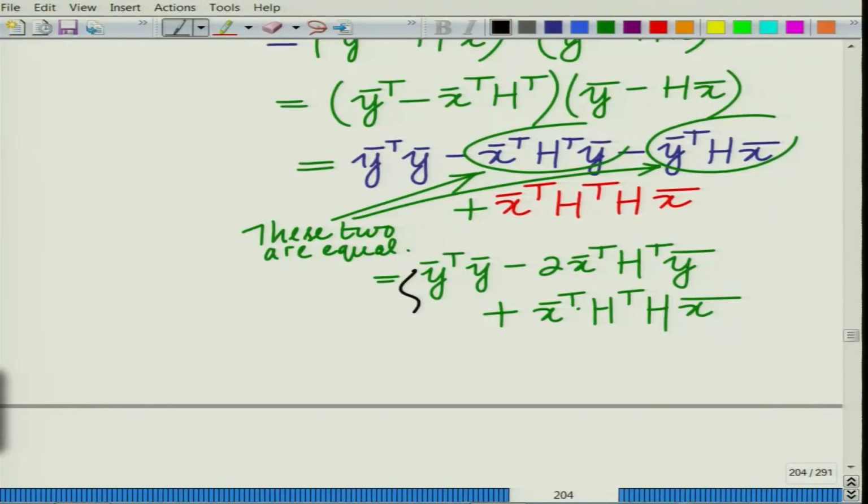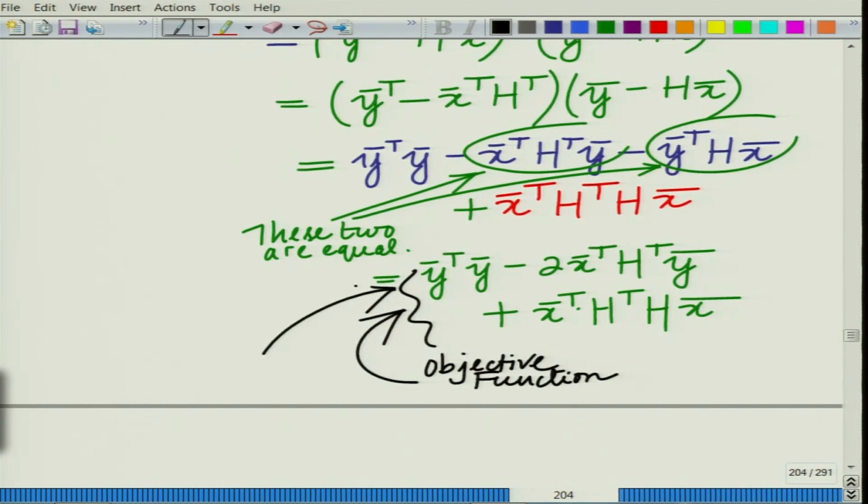Now, we have to find the minimum. We have to find the x bar which minimizes this objective function. Let us call this f of x bar.